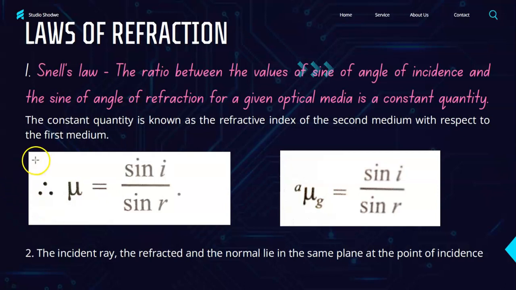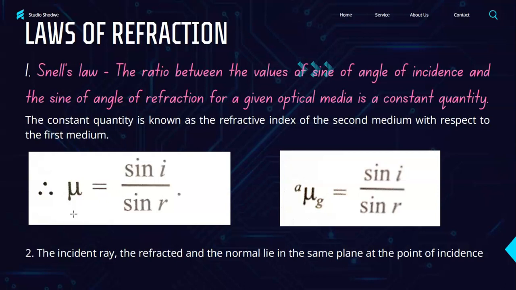So we come to the equation of Snell's law that is given on the left hand side. It says that mu, which is the symbol for refractive index, is equal to sine I upon sine R, where I is the angle of incidence and R is the angle of refraction. And this mu for a given pair of medium is always a constant quantity.